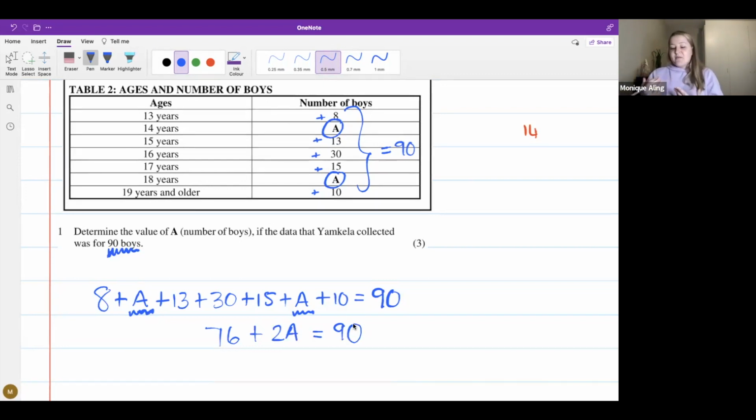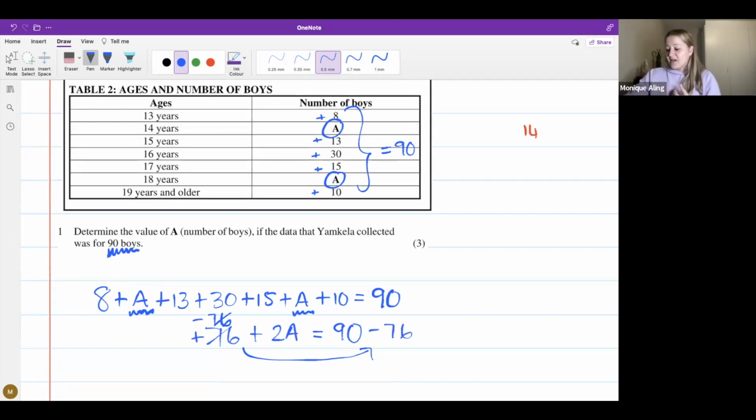Then you can understand it as, we need to take the 76 to the other side of the equal sign, because we need to get A by itself. Whenever you take something across the equal sign, you do the opposite operation. So it is positive 76, so I minus 76.